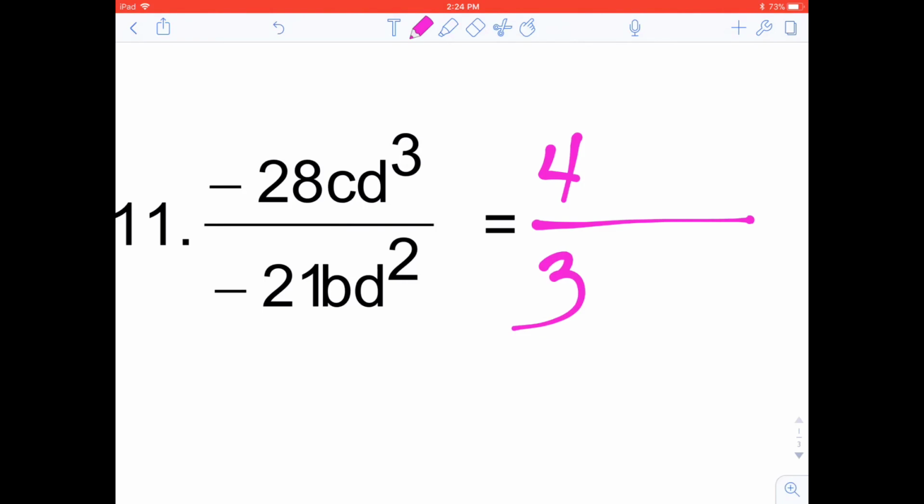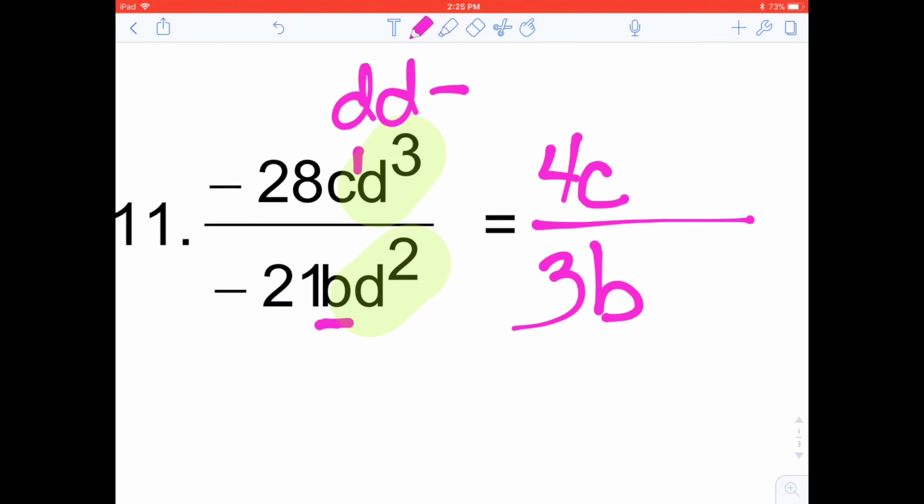Let's start with our top letter, C. Since I don't have any other letter C's to simplify with, I'm just going to leave the letter C up top. Same thing down here. I don't have any letter B's up top to simplify the bottom letter B with, so we're just going to leave it on the bottom. But if you look at D to the 3rd and D to the 2nd, since I have 3 letter D's up top, 1, 2, 3, and I have 2 of them on bottom, 1, 2, I can cancel out 2 sets.